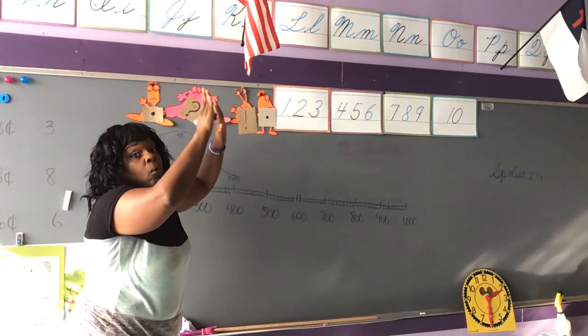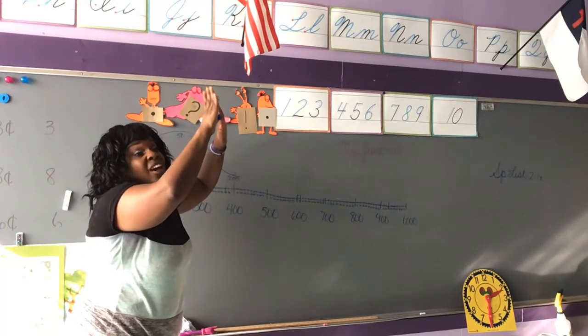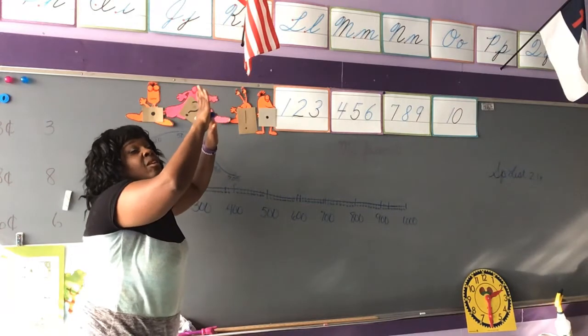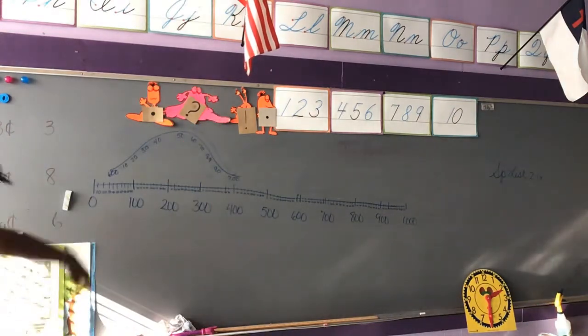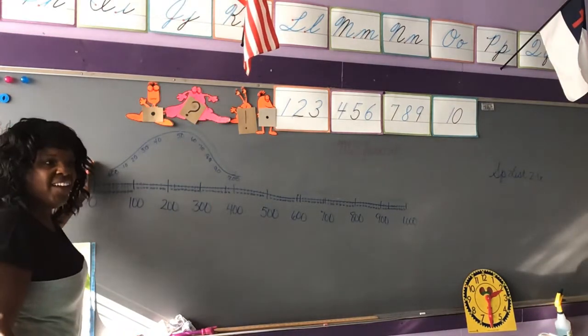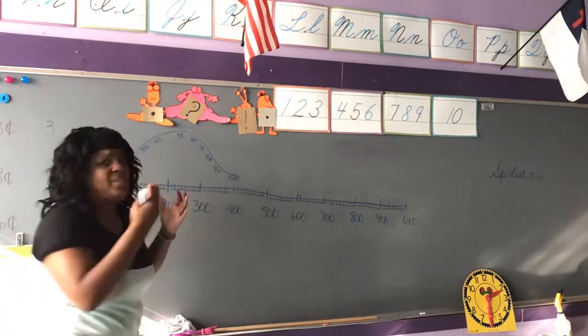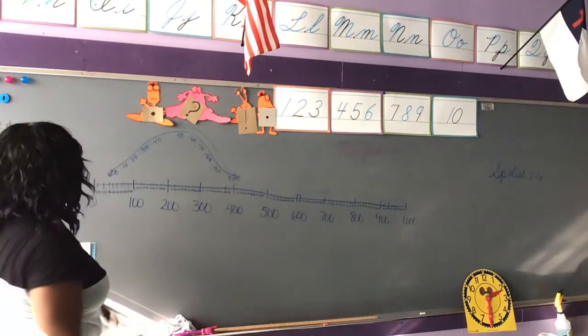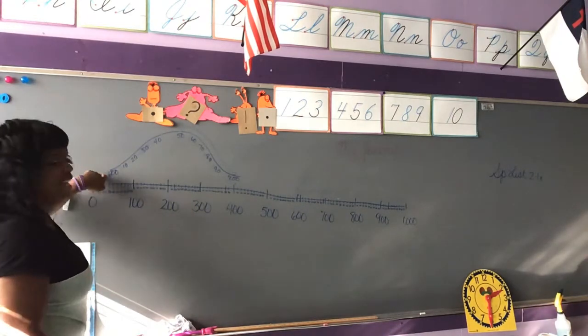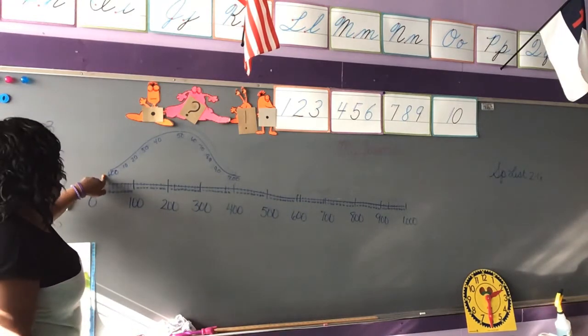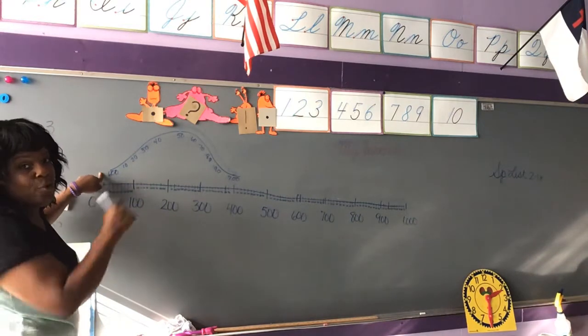Oh no. Where are we? We're only on 640, so what happens? Whoosh. We have to go back to what? To 600. We can't go to 700 because we didn't make it. Oh man, 640, rounding it to the nearest hundred, we would have to go back to 600. We can't go to the 700.